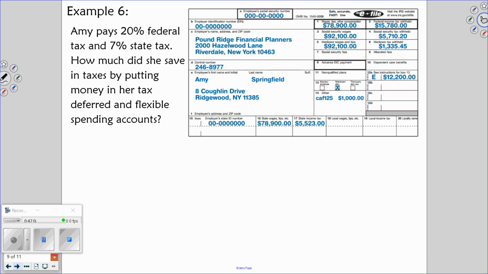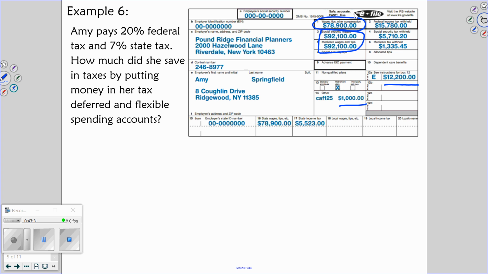All right. Example 6. Amy pays 20% federal tax and 7% state tax. How much did she save in taxes by putting money in her tax-deferred and flexible spending accounts? So again, take a look at her W-2. She has the amount up here, which is lower than the amounts down here, because she took that money and pulled it out pre-tax, so she was not taxed on that amount of it.